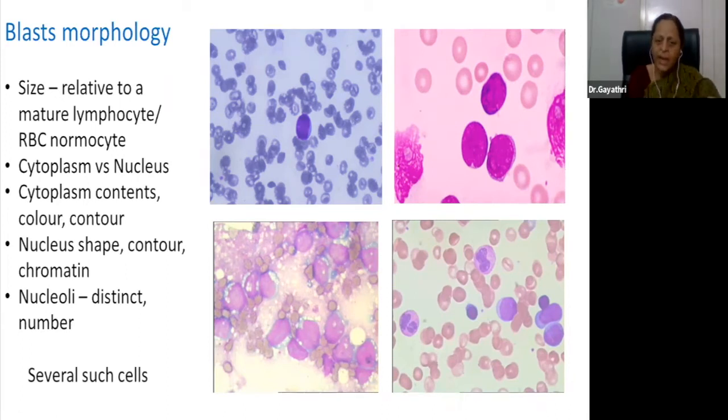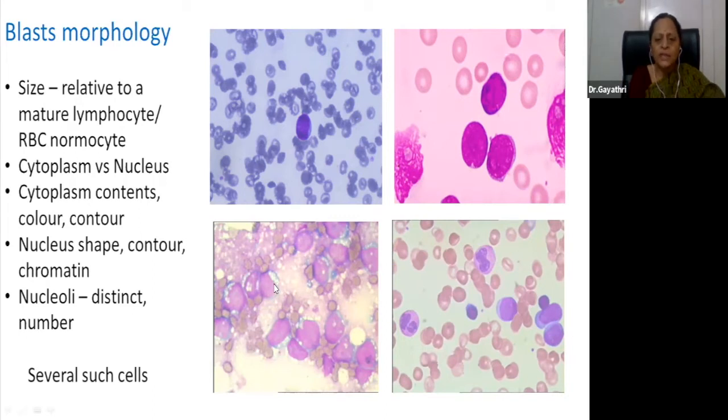Sometimes we can identify whether they are lymphoid or myeloid, and we will look at those images. This is a blast. All these three cells are blasts. Is this a lymphoblast? Is this a myeloblast? I can't tell. But I'm sure that these are blasts, and that is good enough. You know that these are abnormal. These many cells in one field are definitely not a normal variation.